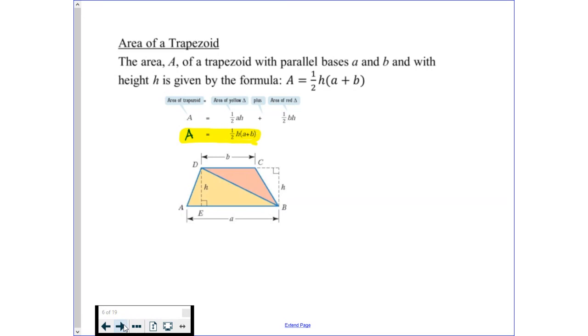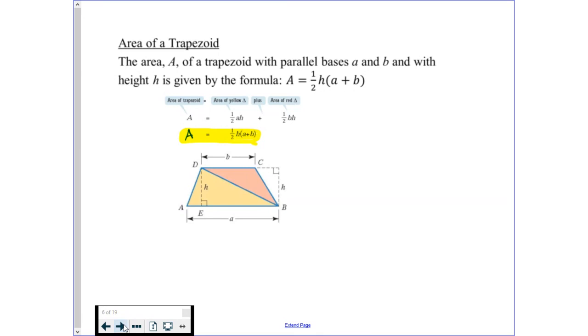So area equals half H times A plus B. The area of the yellow triangle is half of A times H. Plus the area of the red, it says red, but it looks like orange to me.